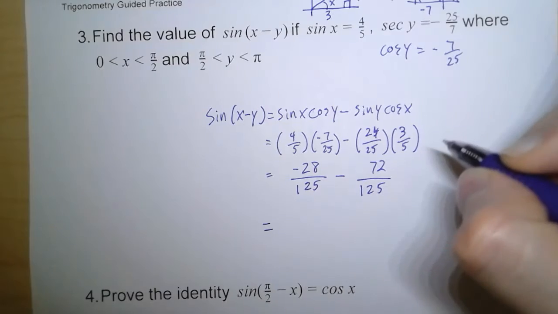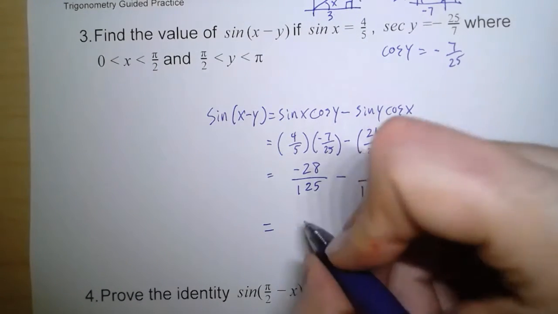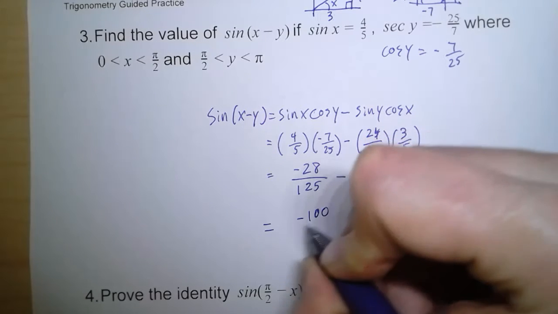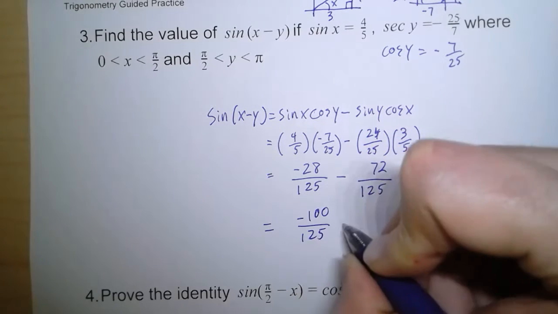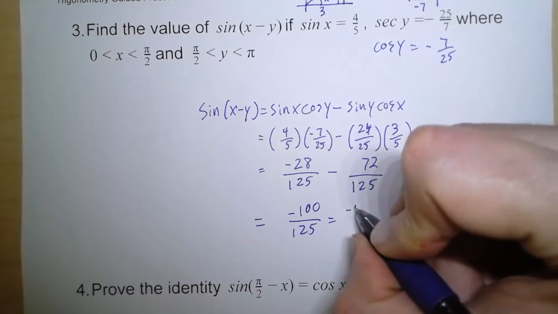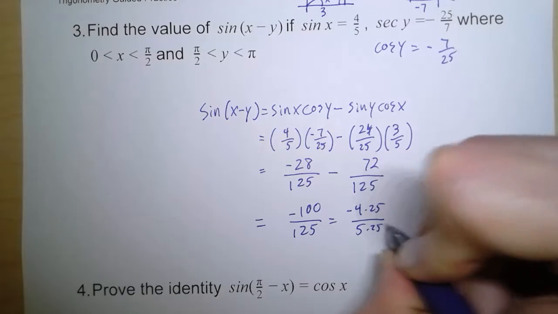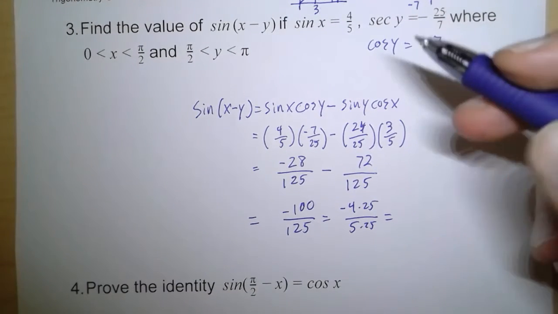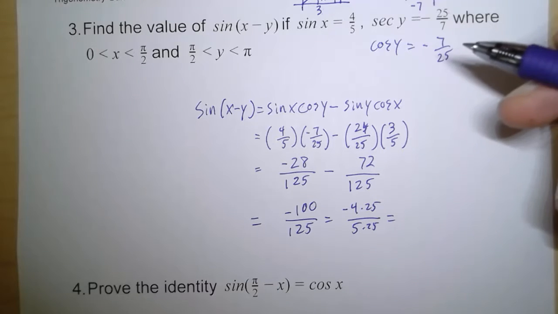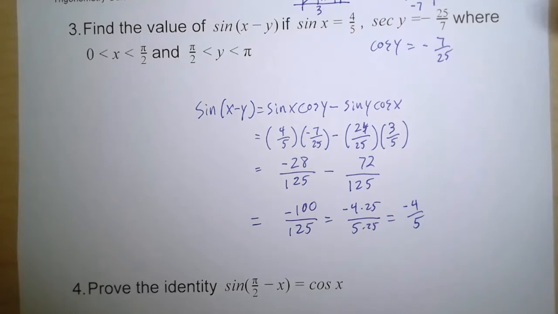So when we subtract them, that's going to give us negative 100 over 125. And we can actually say that this is negative 4 times 25, and this is 5 times 25. So that means, if we did this right, we should be left with negative 4/5.